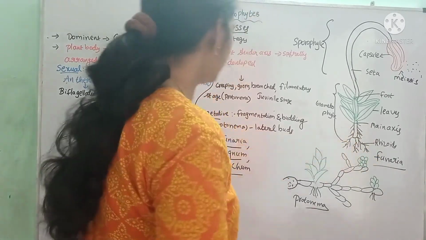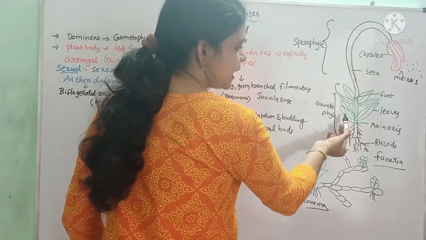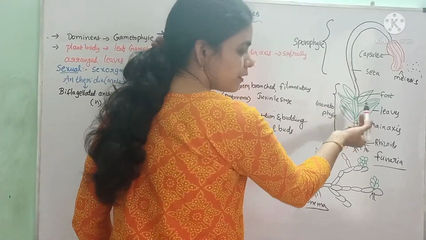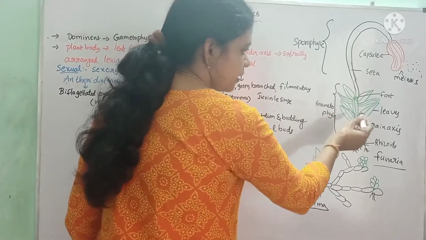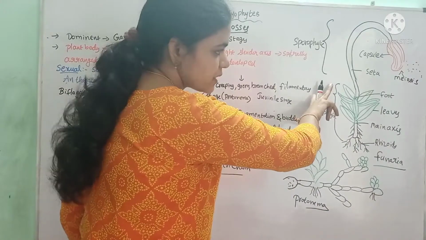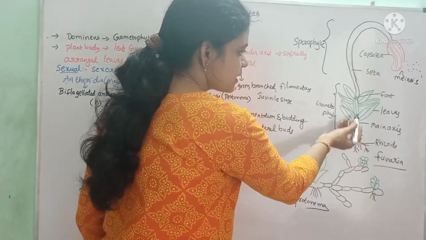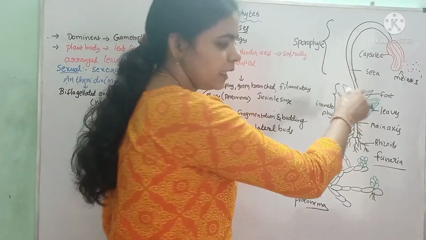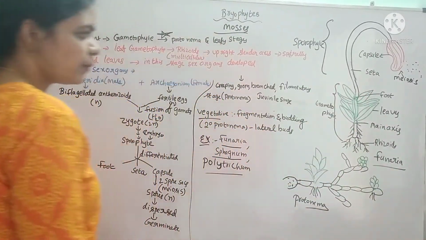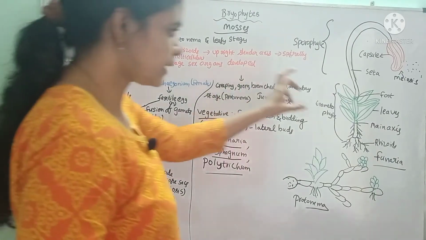Above this, there is an erect, upright, slender axis. On this axis, the leaves are arranged in a spiral pattern. Inside these leaves, the sex organs are developed. This is called the gametophytic phase. It consists of rhizoids, axis and leaves. Inside the leaves, the male and female reproductive organs are developed, and here the sexual reproduction takes place.